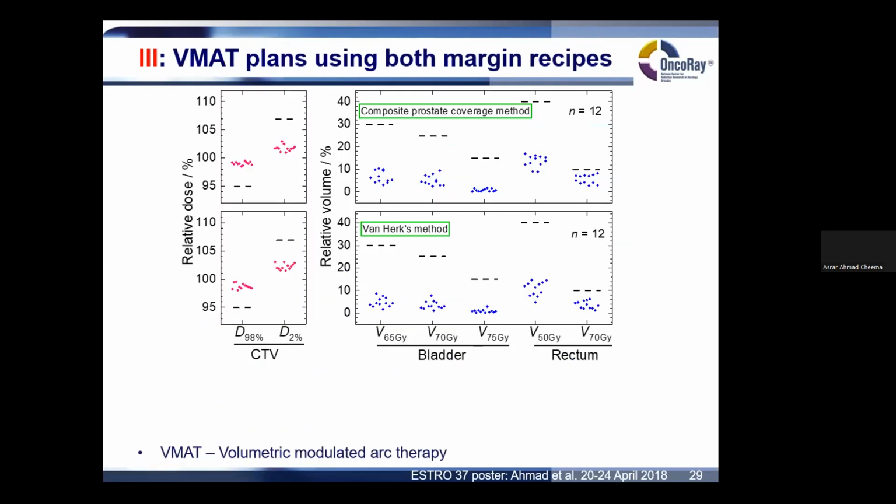So volumetric modulated arc therapy plans were made and compared for both margin recipes. So these are the plans in the planning CT.